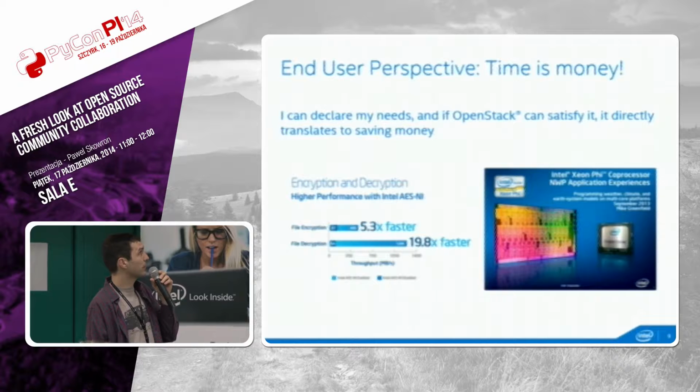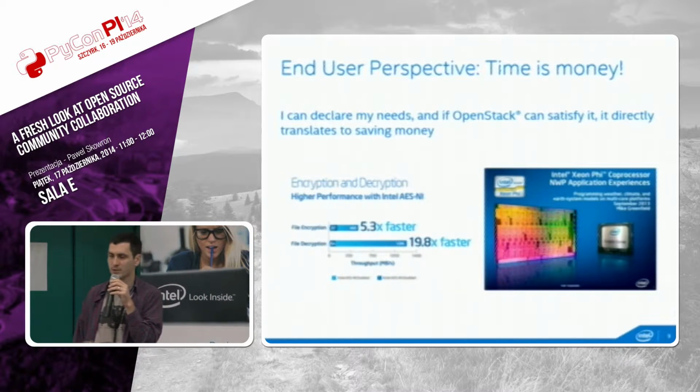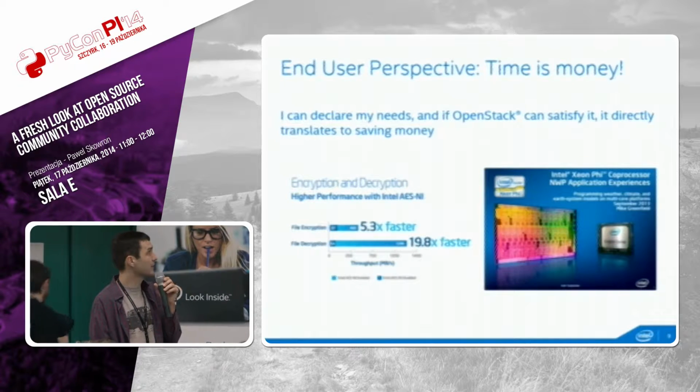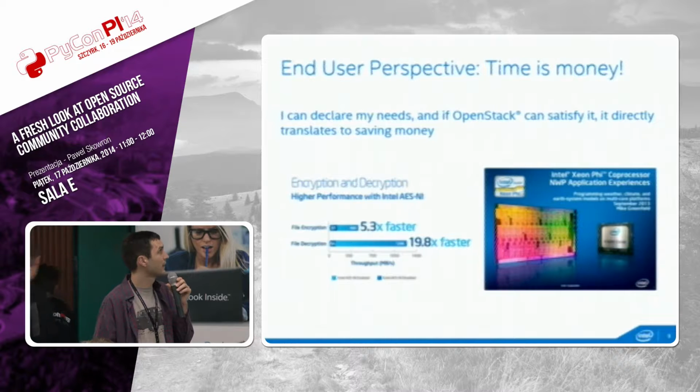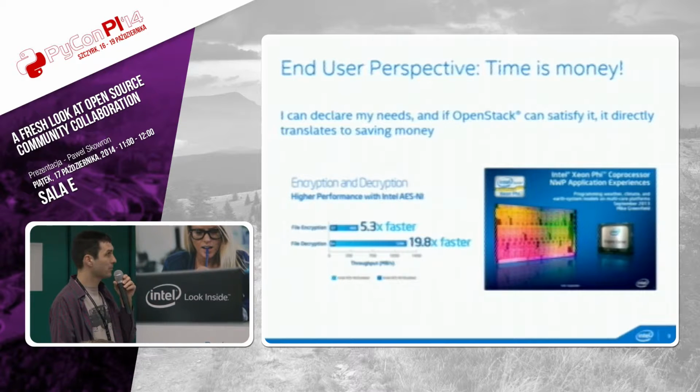So if you can provide extra information, like, okay, I would like to do some encryption, decryption work, you can apply extra information saying that you require a hardware capability. And what does it mean to you? It means that you can, for example, do the same work 20 times faster.